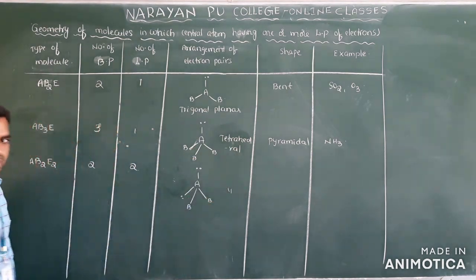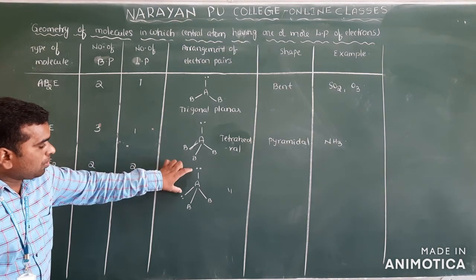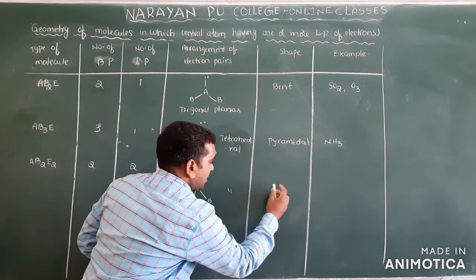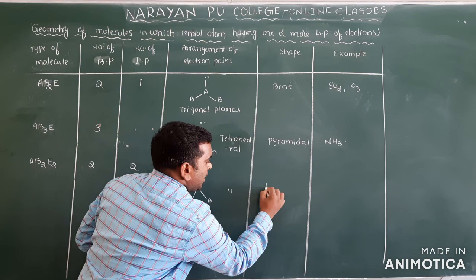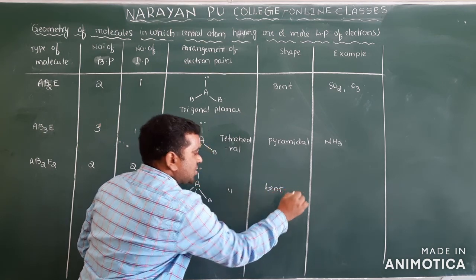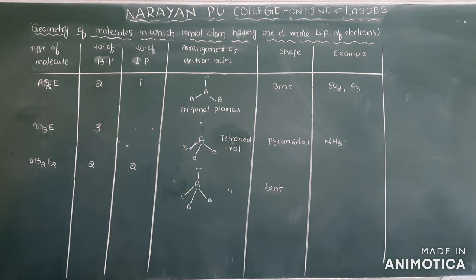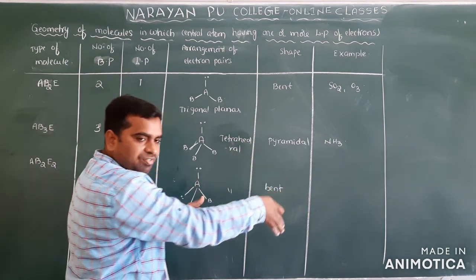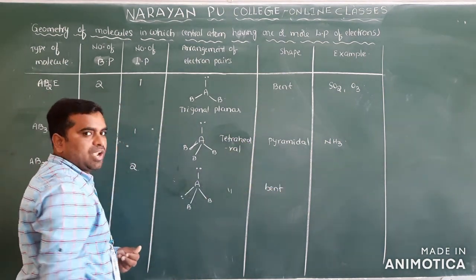Same, tetrahedral geometry only. Because of these lone pairs, the molecule gets a bent shape or angular shape. You can say V shape or angular shape also.